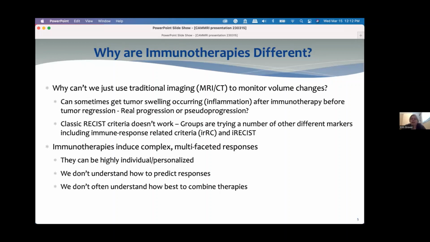They're pretty complex. On top of that, immunotherapies are highly individual. A therapy that cures one person may not work at all in the next person. And we really don't understand why, even now. We don't understand how to predict responses, and we don't understand how to combine therapies.